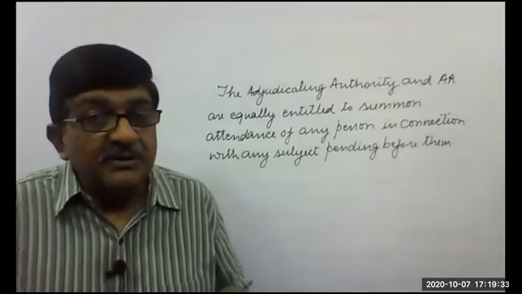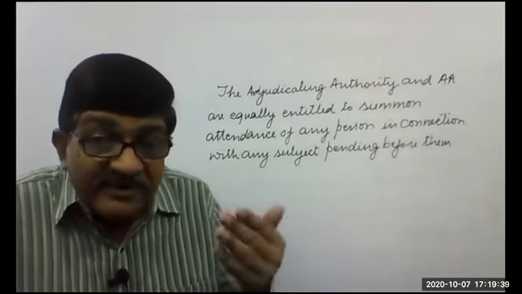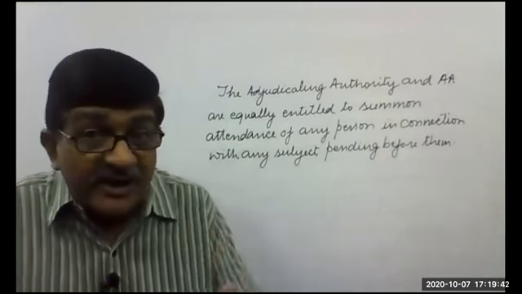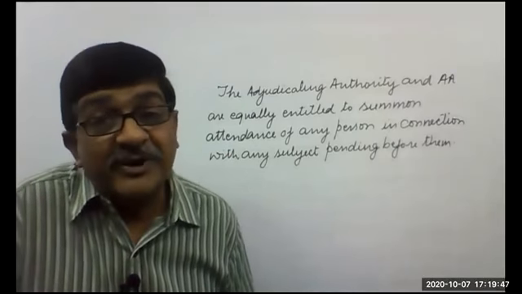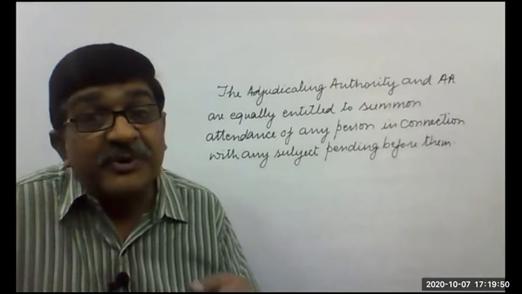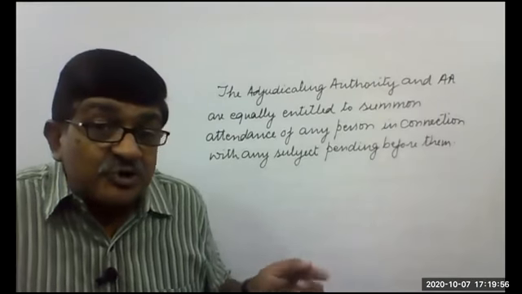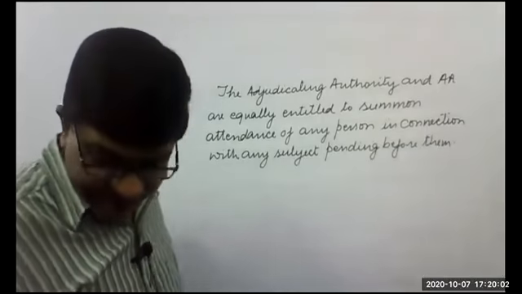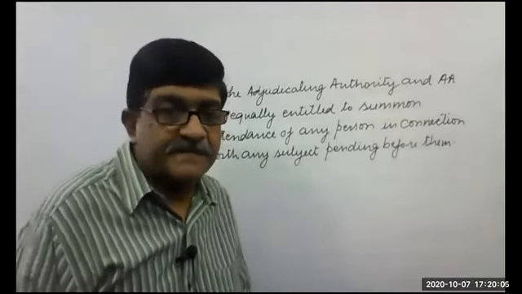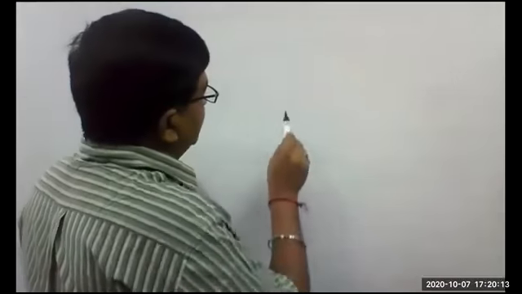In GST also we talked about that where any order is the subject matter of appeal, even a revision cannot be there. Even correction of error cannot be there. So rectification of error is also not possible when the appeal is pending or has been filed in relation to the subject matter. Once the matter comes to the appellate authority, the role of adjudicating authority is no more there. I hope it is clear. Yes, sir, clear, sir. Now from here we go to Section 6. Okay, Section 6.